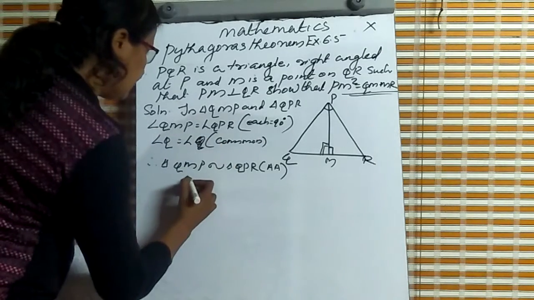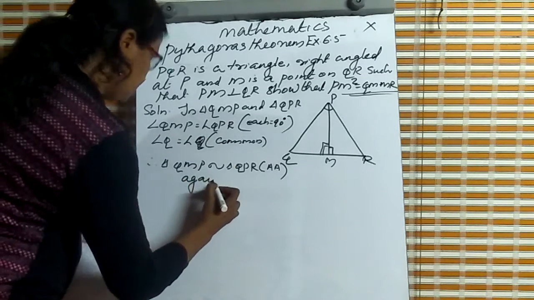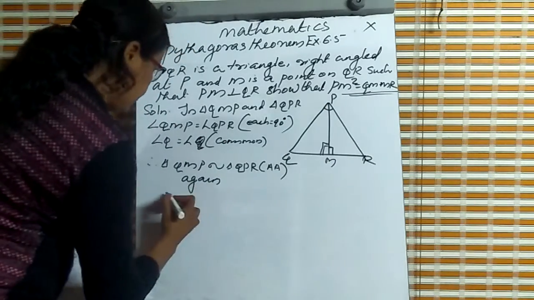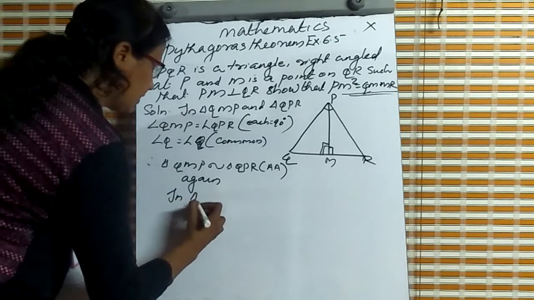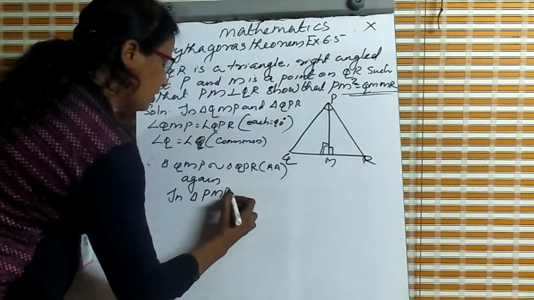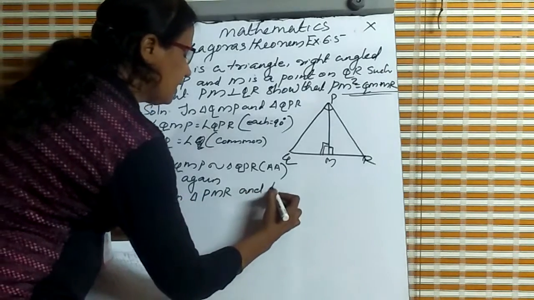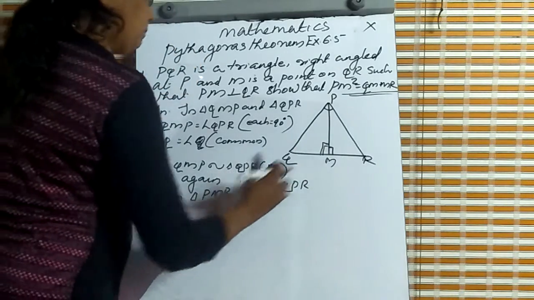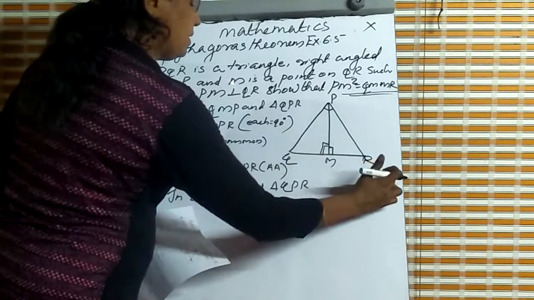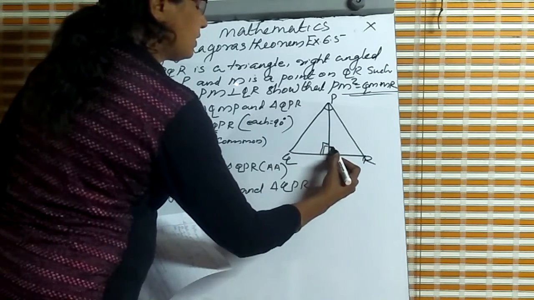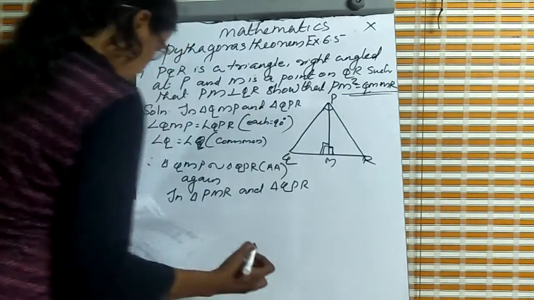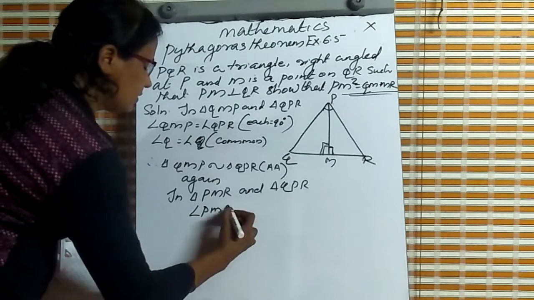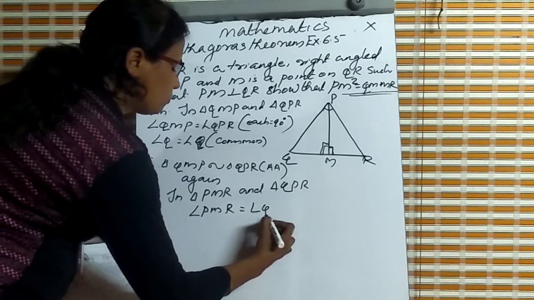And again, consider triangle PMR and QPR. In triangle PMR and triangle QPR, first, angle PMR is equal to angle QPR, each is 90.